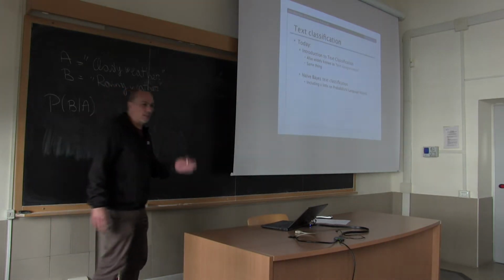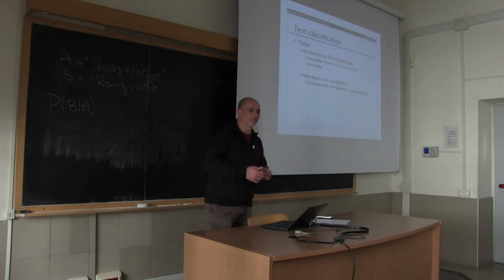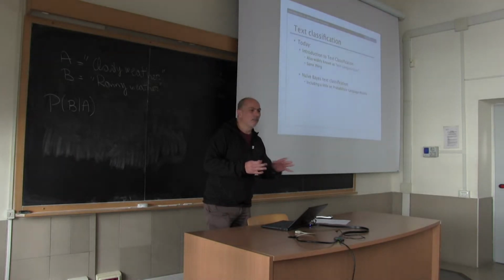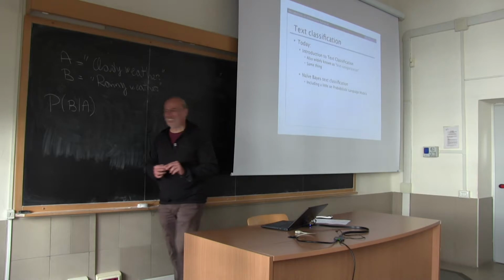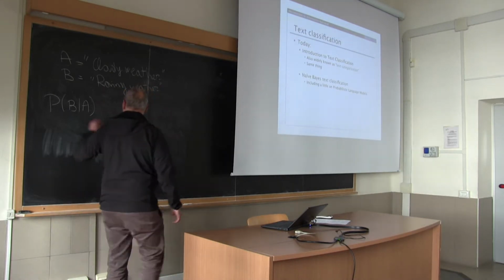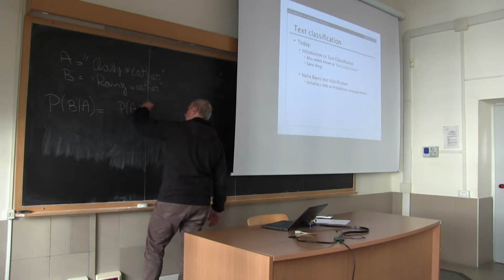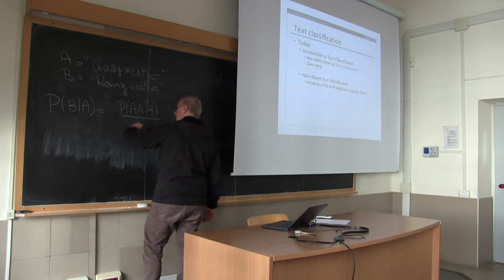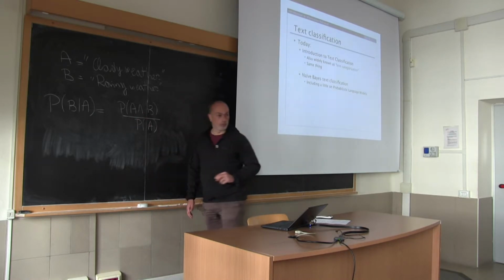There would be a lot to say on how you estimate probabilities, but let's go with the intuition for the moment. As long as it makes intuitive sense to you, I'm fine. This is not a probability course. But what can you say about this probability? You can just apply the definitions, and you know that this is true, right?